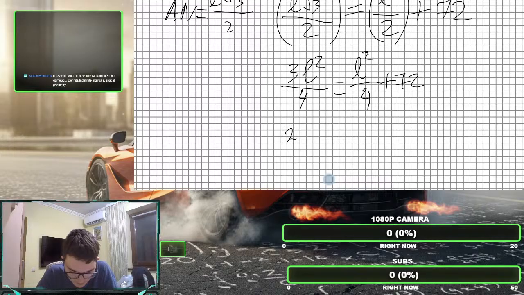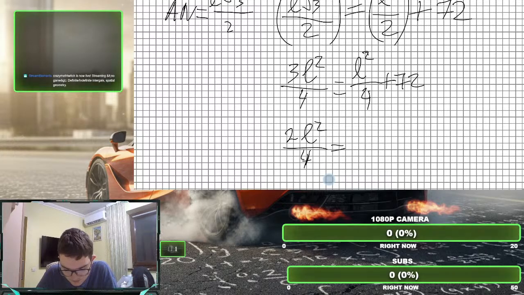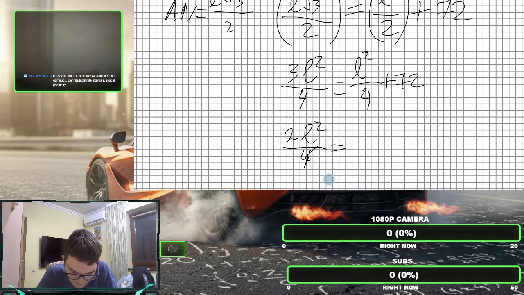So I'll have 2L to the second power divided by 4 equal with, hold up, at the bottom it's 4 minus 4, right? So it's like this, huh?